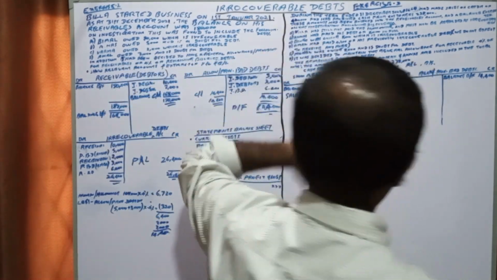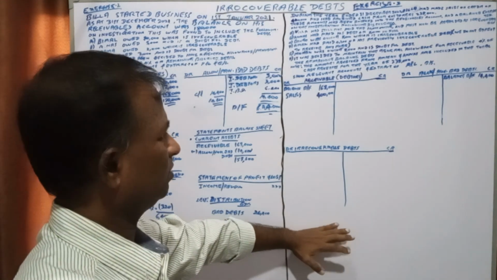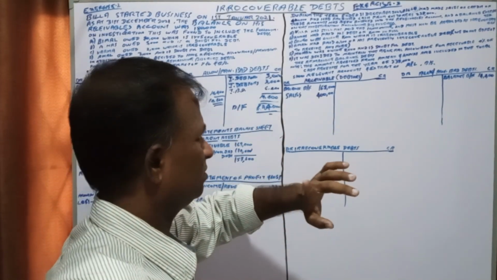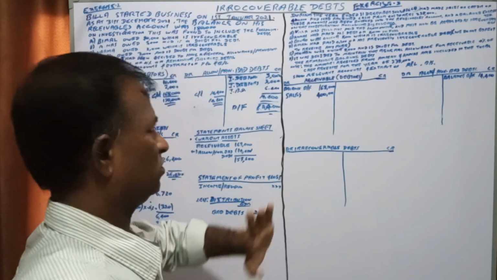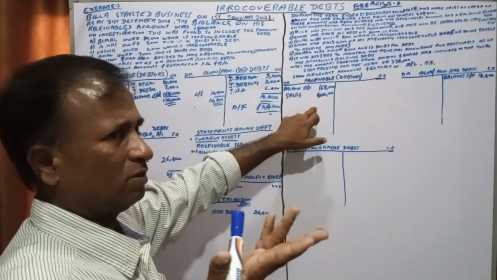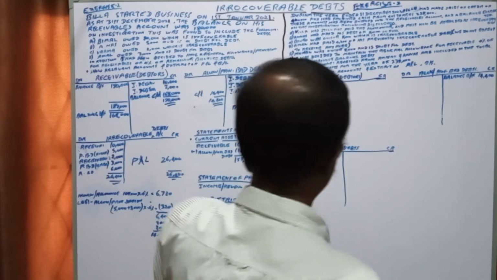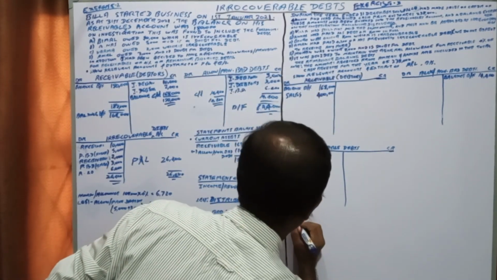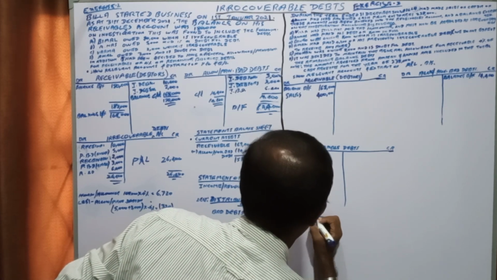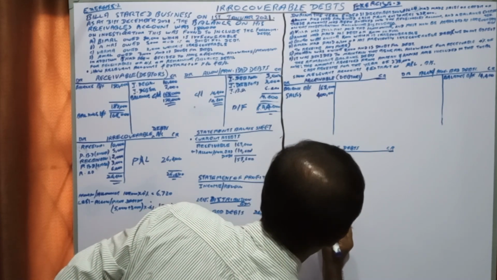For that we can prepare the double entry for the sales. The cash account is not needed here, they didn't ask for the cash accounts. Here the receivable account is debited and the sales account is credited. Otherwise we can show it, no problem. Here we will say sales account credited 400,000.